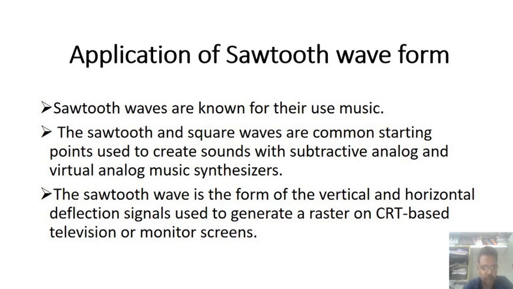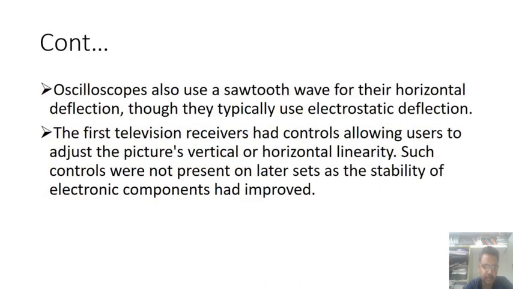Also, the sawtooth wave is the form of the vertical and horizontal deflection signals used to generate a raster on CRT based television or monitor screens. Oscilloscopes also use it as a wave for their horizontal deflections, though they typically use electrostatic deflections. These are all the applications.